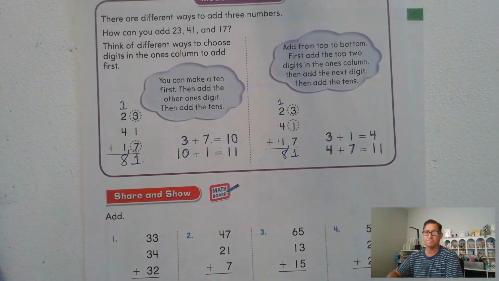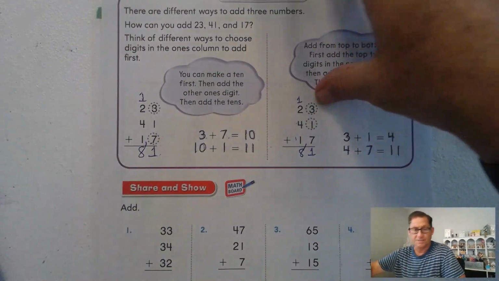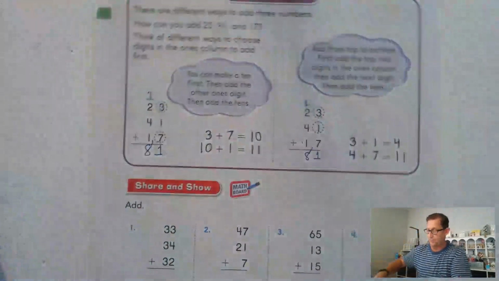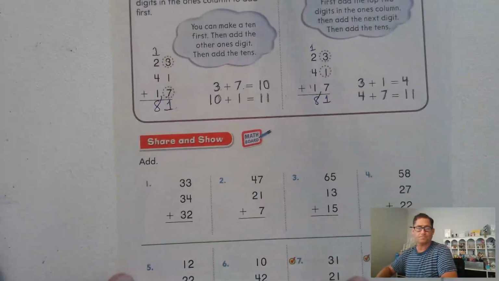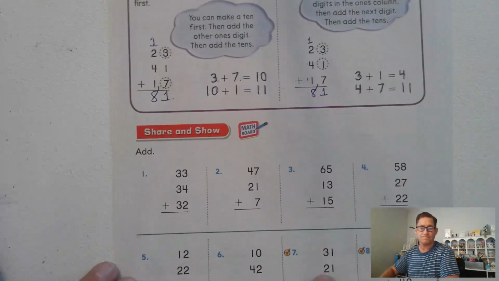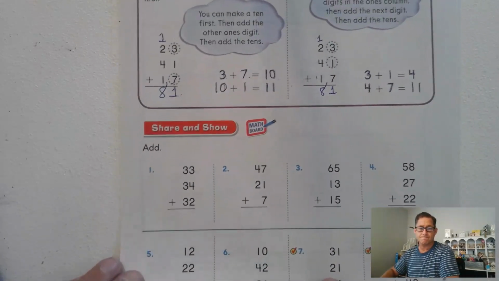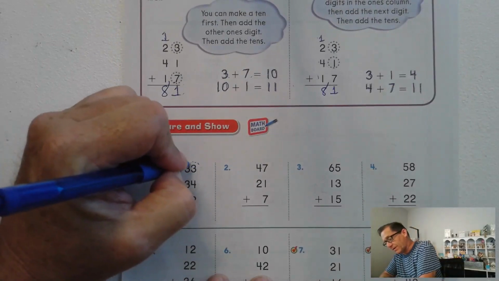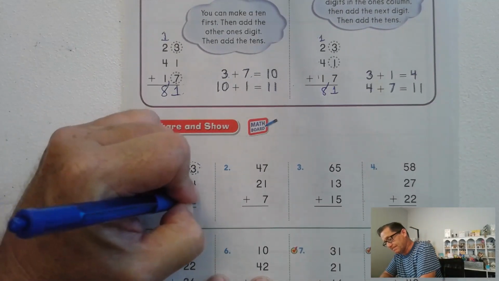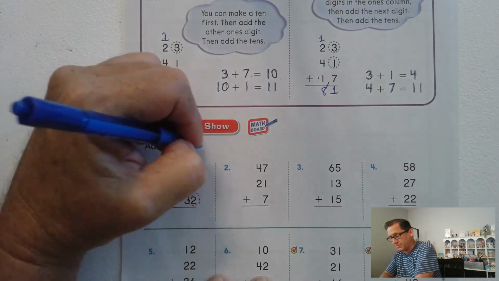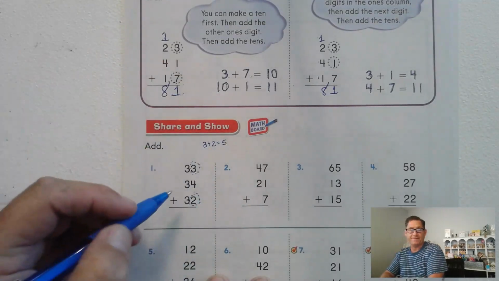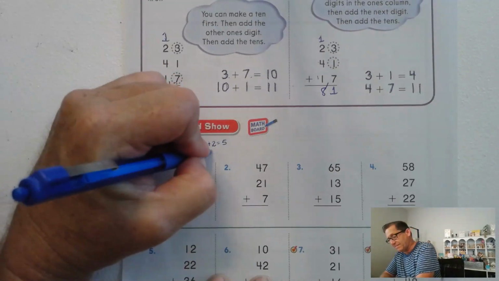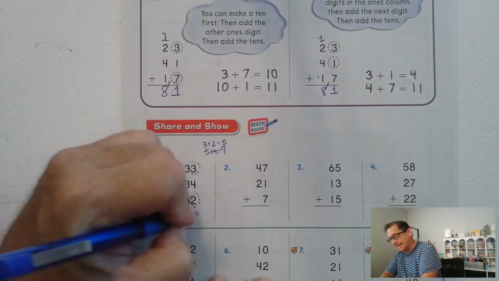Yeah. Okay. All right. 33 plus 34 plus 32. Okay, well, I think I'm going to add the 3 and the 2 first. 3 plus 2 is 5, and 5 plus 4 is 9.